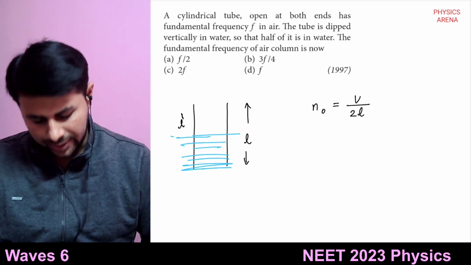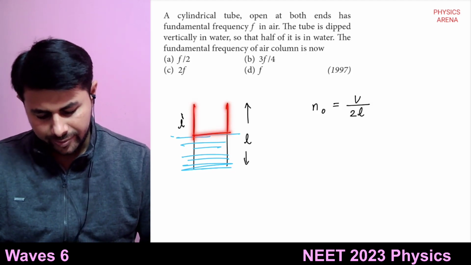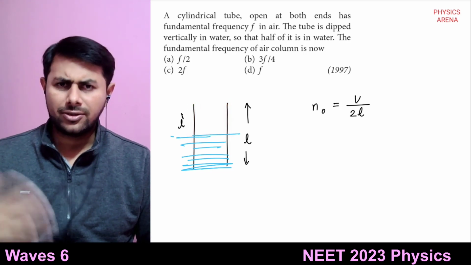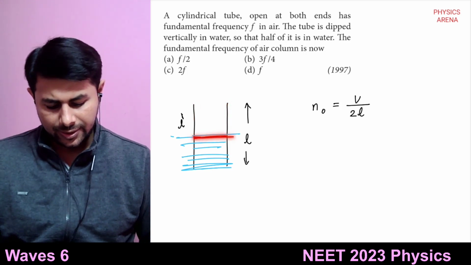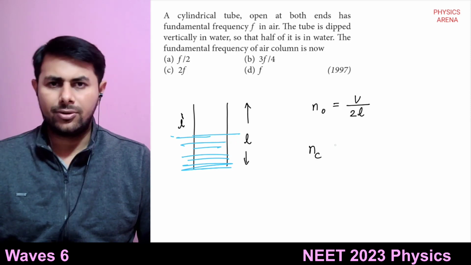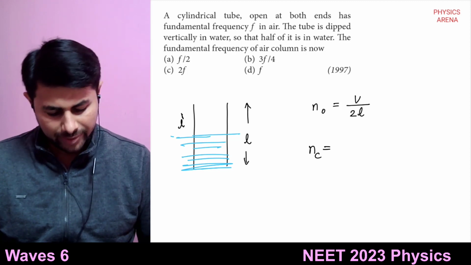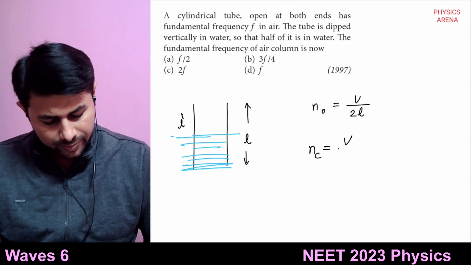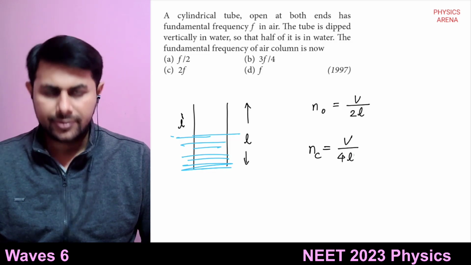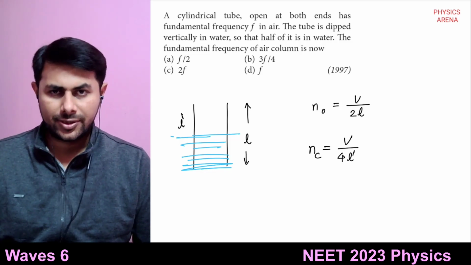So let's suppose this is L dash, and now this has become a pipe closed at one end, right? So now for that closed pipe, what would be the fundamental frequency of vibration? It is V upon 4L dash.